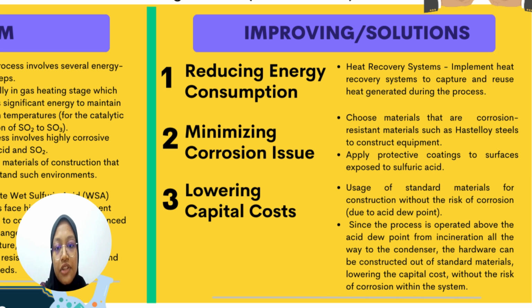And lastly is lowering capital costs by using standard materials for construction without the risk of corrosion. Since the process is operated above the acid dew point from incineration all the way to the condenser, the hardware can be constructed out of standard materials, lowering the capital cost without the risk of corrosion within the system.